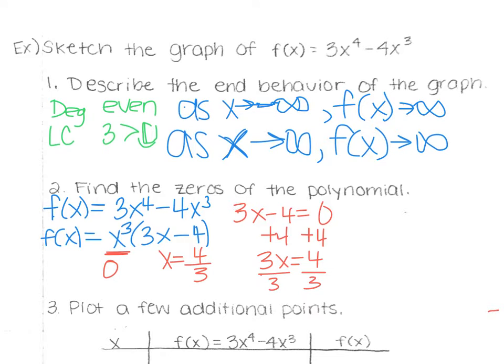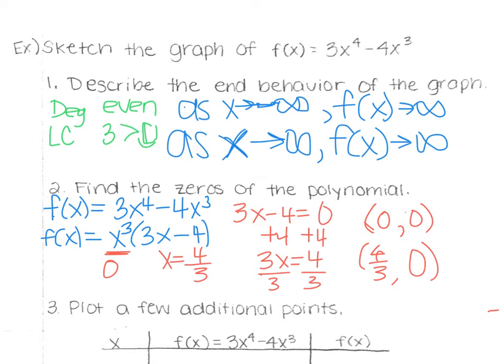We can talk about the multiplicity of these. They're both odd, so we're going to cross the axis at both of those points. We're not going to bounce off of those, we're actually going to go through the axis. Those points are 0, 0, and 4/3, 0.